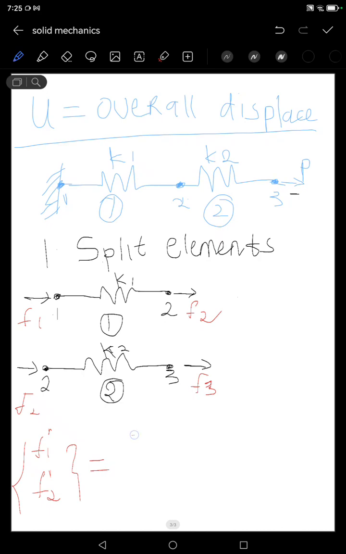All equals, and then we open a bracket. So we have K1, minus K1, and then minus K1, and K1. Then we check our points. We have 1 and 2, which means we have U1 and U2 like this. This is how we write the matrix for the first element. Now let's write for the second element.